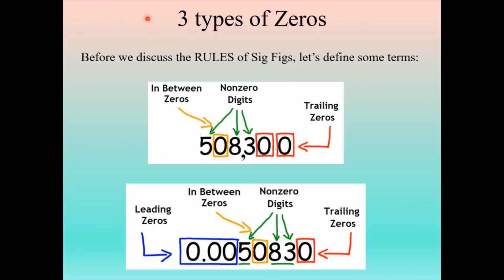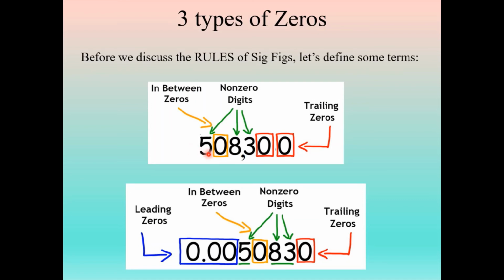Before we actually get to the rules of working with significant figures, let's define some terms. In particular, it turns out that there are 3 types of zeros that we can encounter in a number, and they all have different significance, no pun intended, when we deal with sig figs. So let's look at our first example here. Here's a number, 508,300.